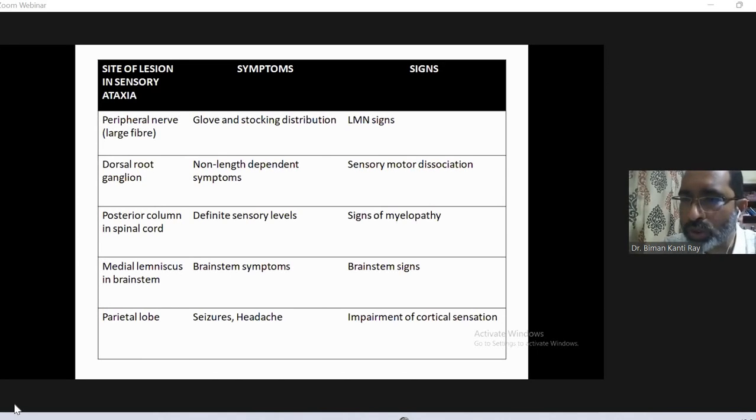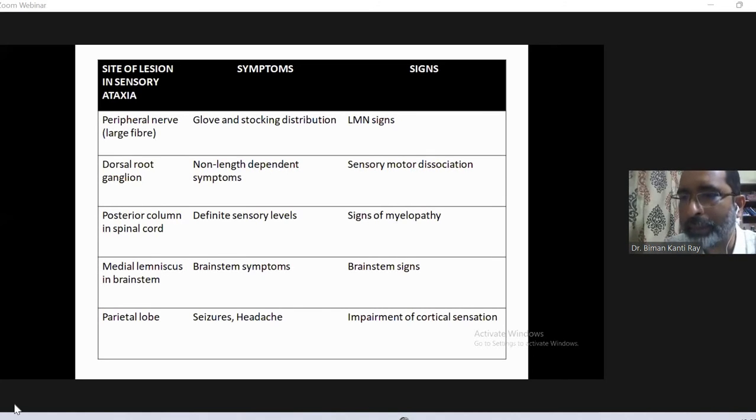In case of dorsal column involvement, you may get sign of myelopathy in addition to sensory symptoms below a particular level. In medial lemniscus involvement in the brainstem, you will get brainstem sign, that is involvement of multiple cranial nerve palsy or Horner syndrome.